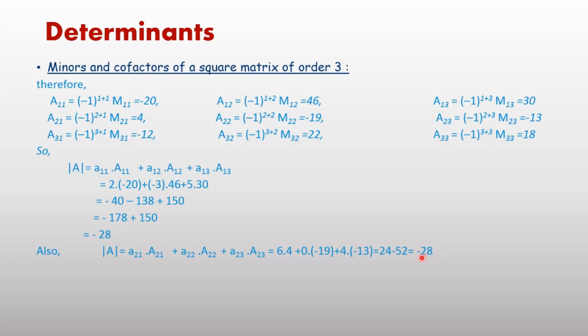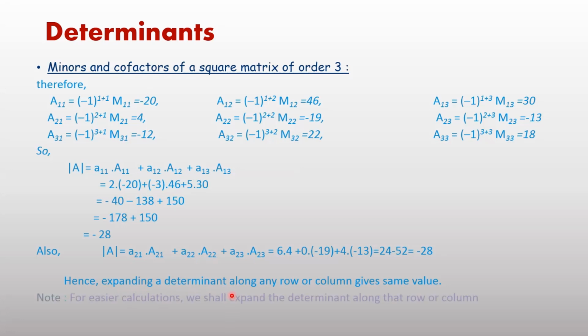It implies whenever the value of determinant is required you can expand it along any row or any column. You have to decide which is easier for you. Expanding a determinant along any row or column gives the same value. Now one thing to remember for making calculation easier: we shall expand the determinant along the row or column which contains the maximum number of zeros.